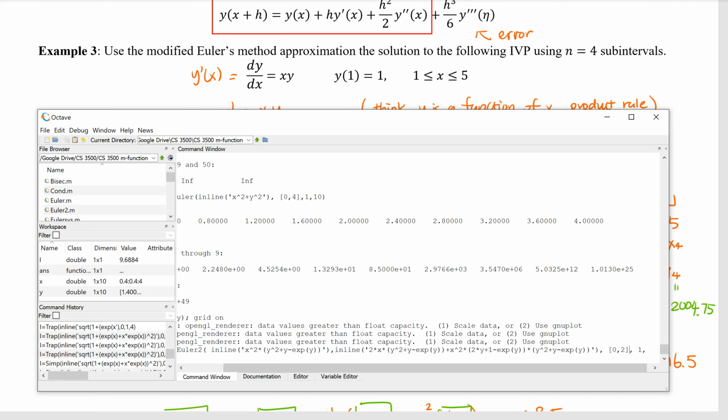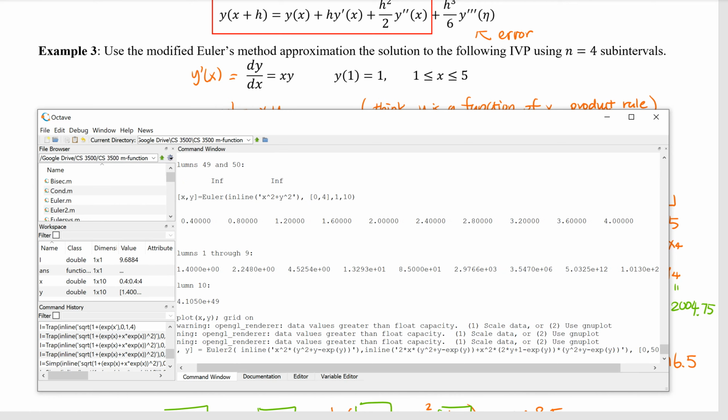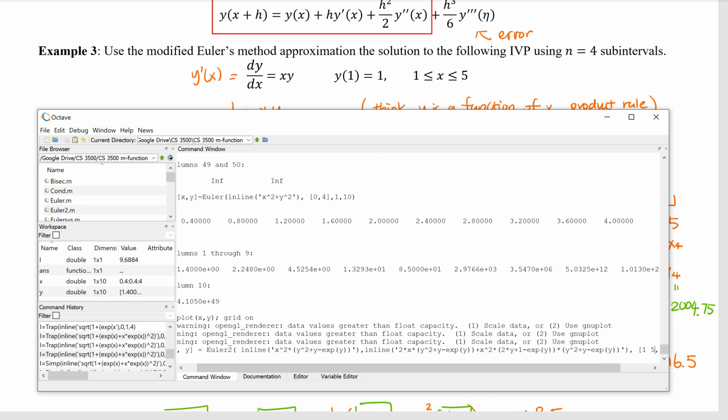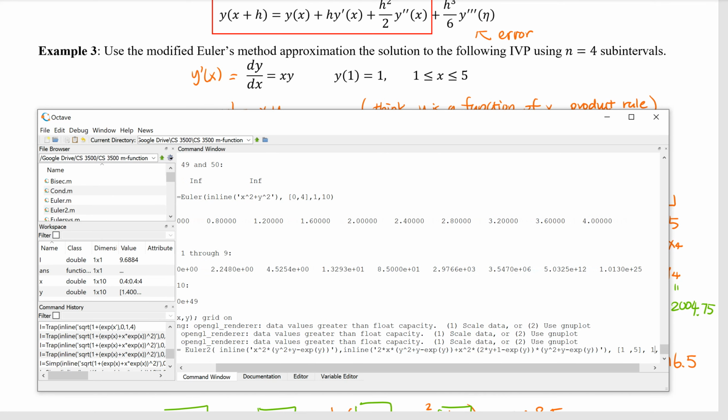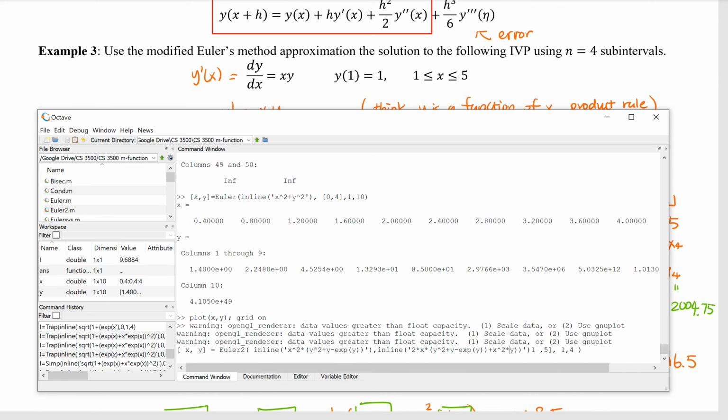And y1 is 1, and then 1 to 5. Okay, and then we have, let's see, y prime prime.